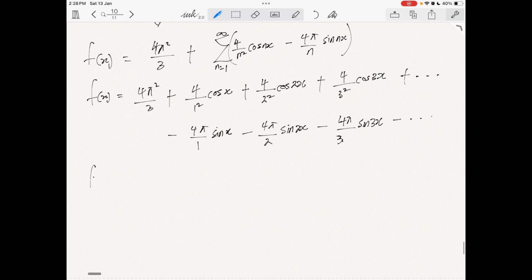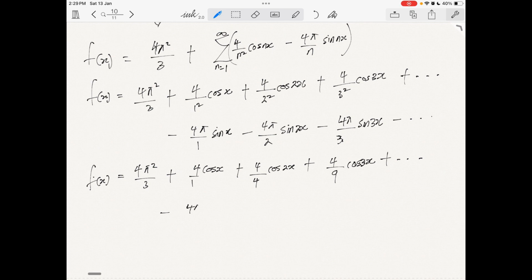So simplifying further, we have that f of x is equal to 4 pi squared over 3 plus 4 over 1 cos x plus 4 over 4 cos 2x plus 4 over 9 cos 3x, plus minus 4 pi over 1 sine x minus 4 pi over 2 sine 2x minus 4 pi over 3 sine 3x.